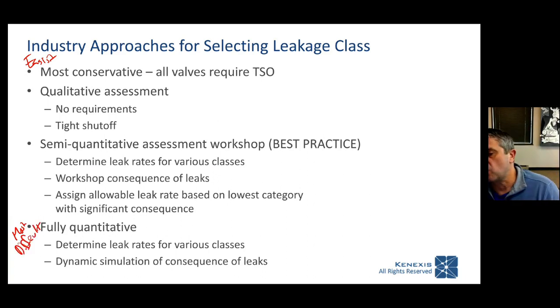Okay, the easiest way to pick leakage classes is just say everything needs to be tight shutoff, which is what a lot of engineers have been doing since the inception of the ISA 84 standard, which predates the IEC 61511 and 61508 standards. It's, well, when in doubt, build it stout.